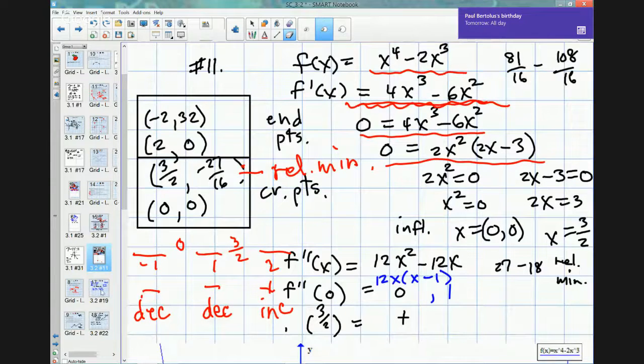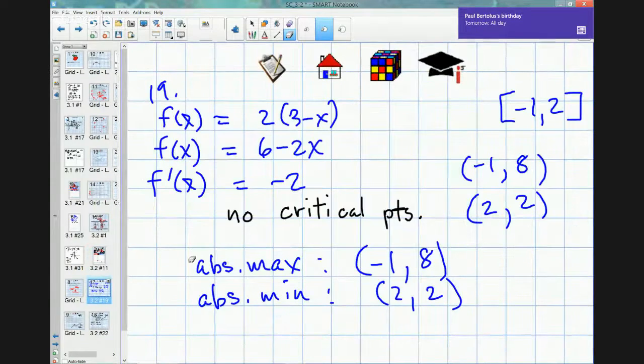Okay, so let's go on to another one. Let's go to number 19. The only thing different about 19 is this time they do give us an interval. They give us the interval from -1 to 2. So this is what I was anticipating on the last question.